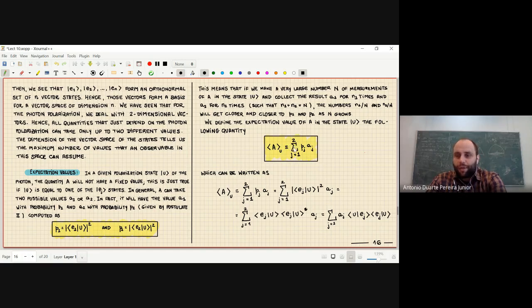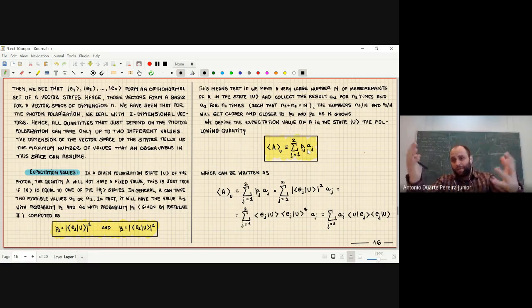And this is nothing but a very simple way of taking a weighted average. You just sum over two possibilities, and you multiply the probability of getting A1 with A1, and sum with the probability of getting A2 with A2.